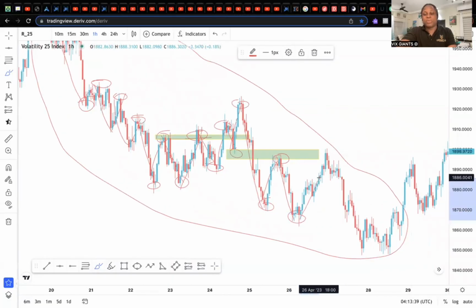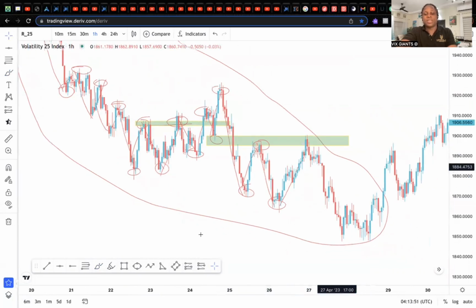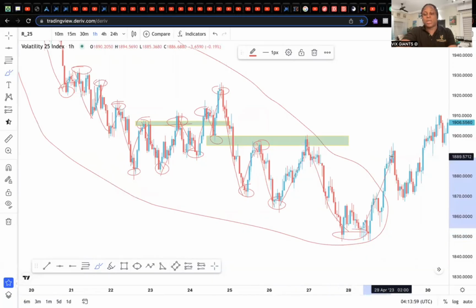The market pulled back, targeting the same high. If we extend this zone right here, we notice that we're rejecting the same high, so equal high point. What happened next? The market pushed down, creating a lower low, right? Pull back, lower high, right?